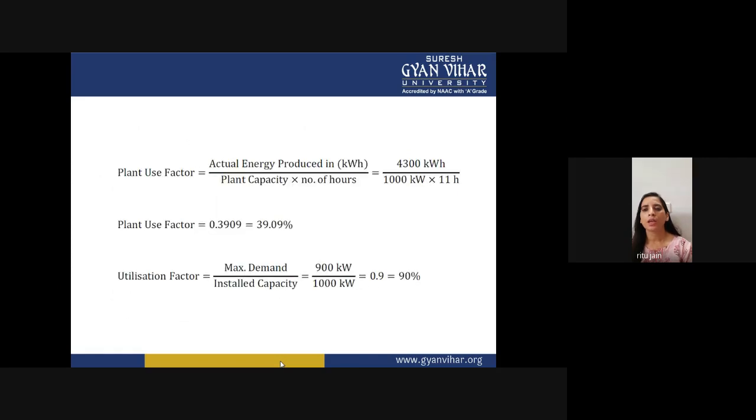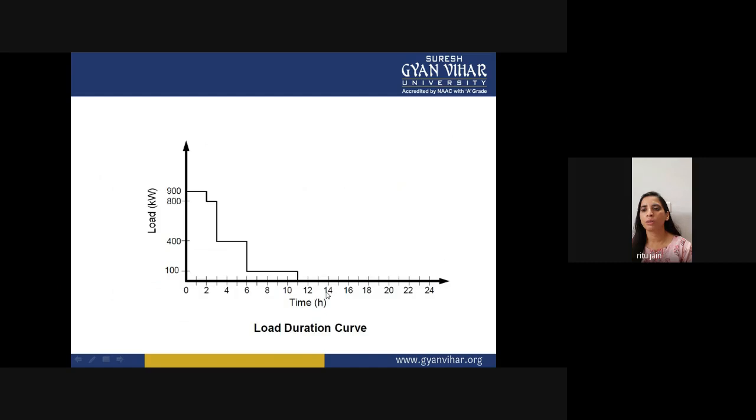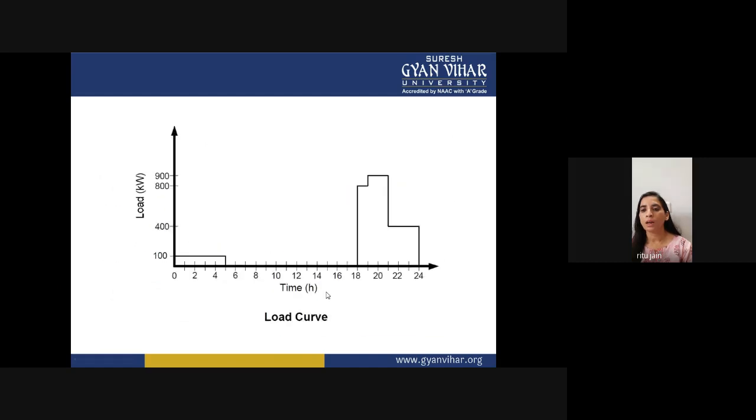So the actual energy production is 4300 kilowatt hour, and the plant capacity is 1000 kilowatt, and the number of hours for which you are using this load, you can see that this load is utilizing 1, 2, 3, 4, 5, and this is 6 hours.